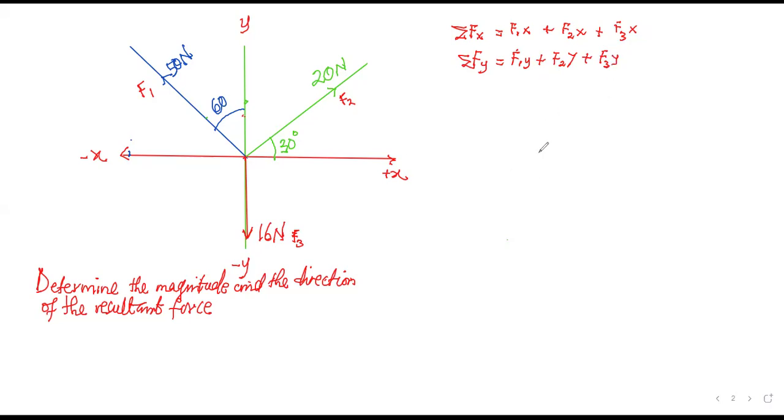When you finish, you redraw. Supposing your summation of Fx and Fy were positives, you redraw them on the Cartesian plane. This is your x and y axis. So if they are all positives, then summation Fx will lie along here. If summation Fy after adding them is positive, it will also be here.